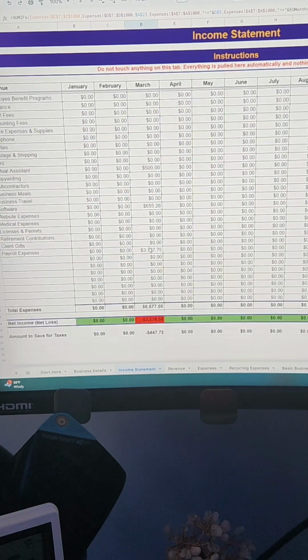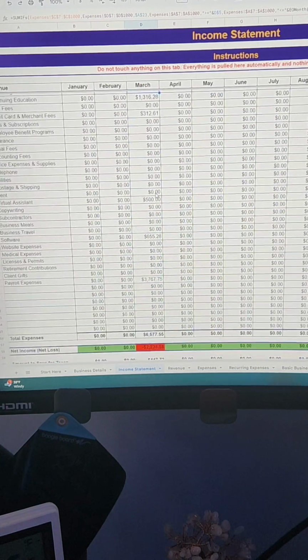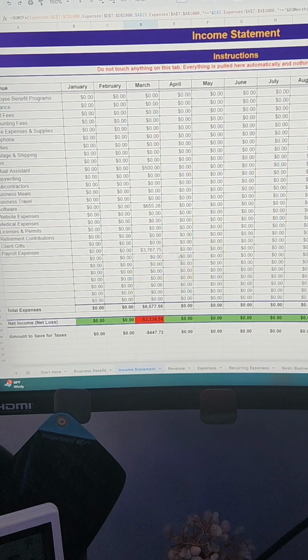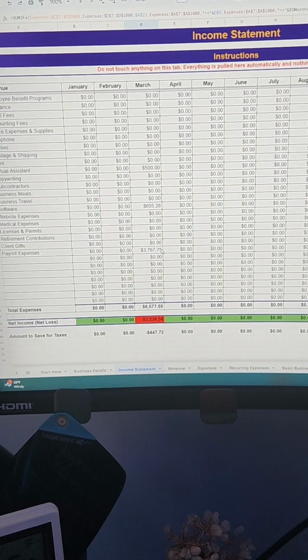Just go through them. I will say in this case here with 3,700 for payroll expenses when only 4,300 came in, that is probably a little too high and I paid myself too much this month. So that is something that we need to look into.